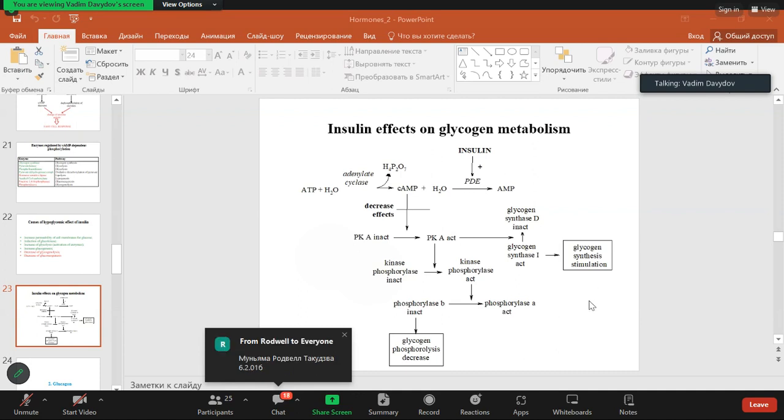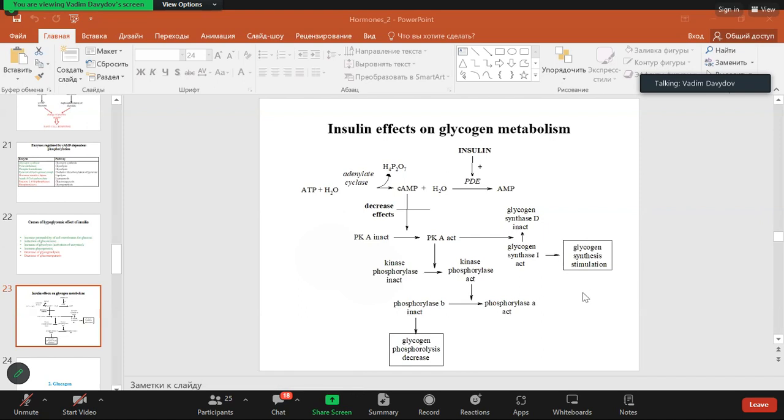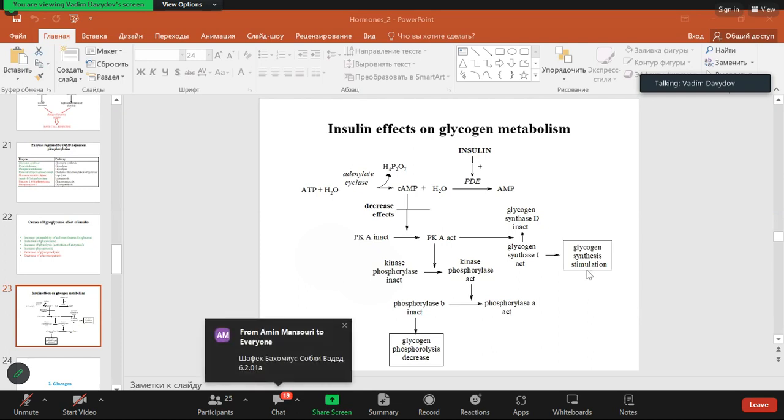We said it takes part in increasing biosynthesis of different proteins and different enzymes inside the cell. That effect of insulin is coupled with its effect on the mitogen-activated protein kinase cascade inside the cell and activation of transcription factors. And simultaneously with induction of protein synthesis, insulin increases biosynthesis of nucleic acids.